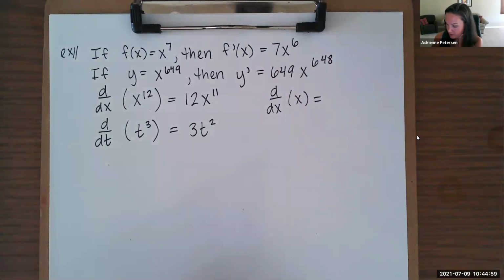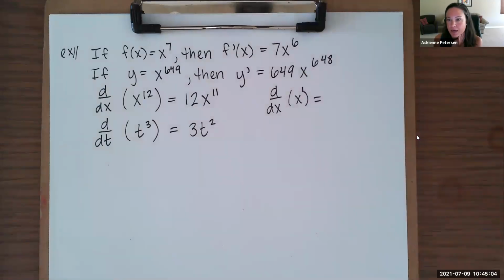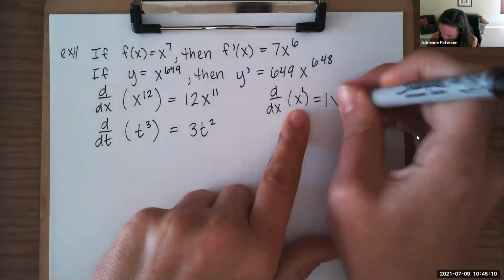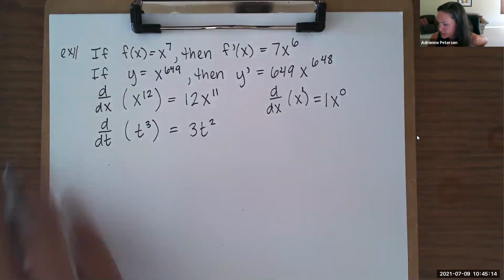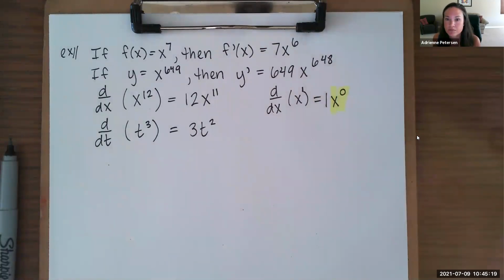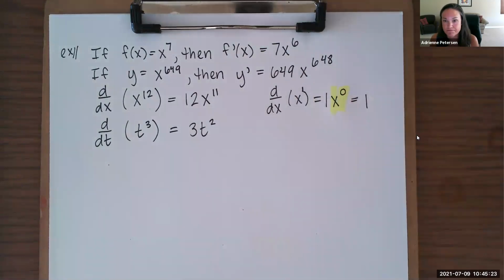What you want to think about is this is x to the first power. Our power rule works in exactly the same way. We bring the 1 down in front, we write our x, and we decrease our exponent by 1. So now we have 1 times x to the 0. Anything to the 0th power is 1, right? So now we have 1 times 1, which is 1.